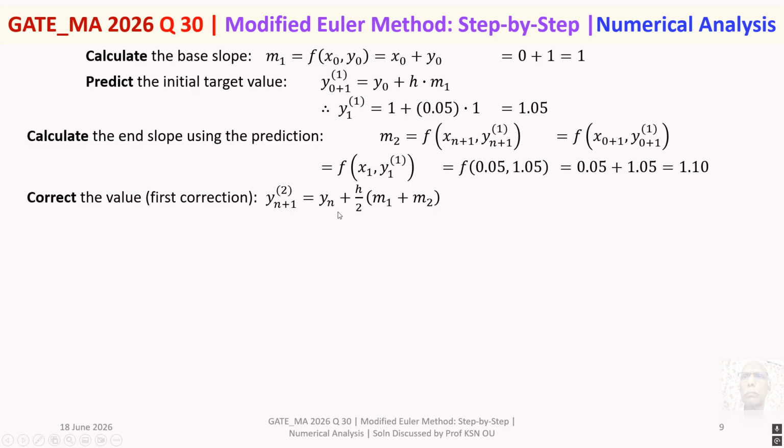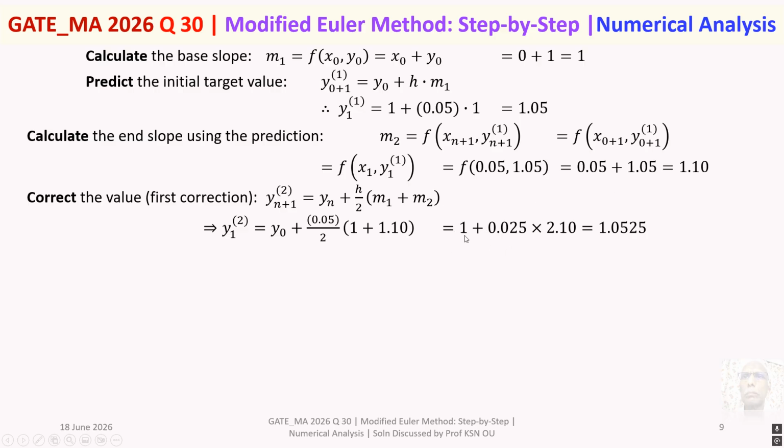So that is yn plus h by 2 into the bracket m1 plus m2, and that is y1 superscript 2 is y0 plus h by 2, 0.05 by 2, into m1, that is 1 only, plus m2, 1.10.